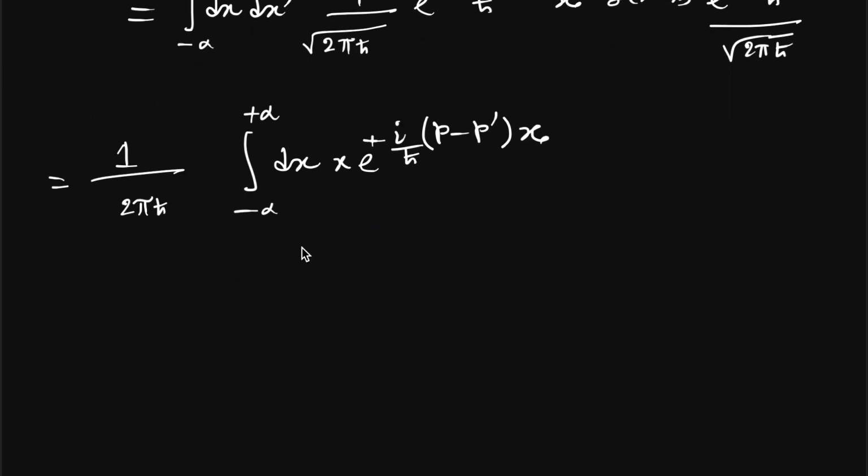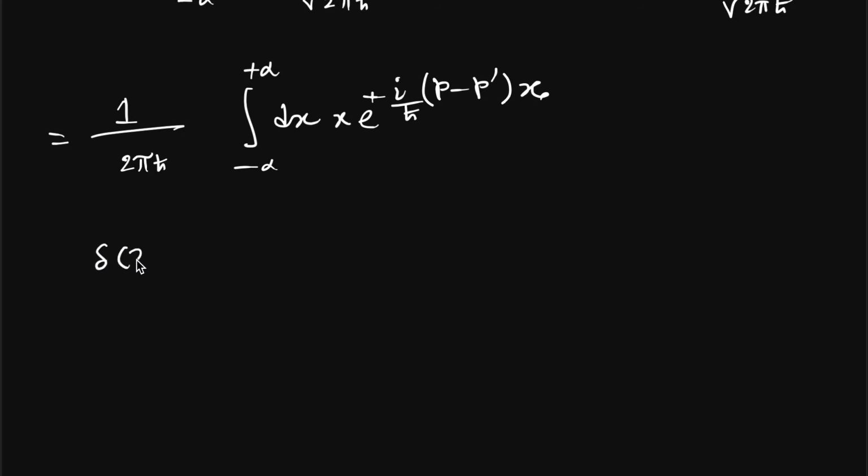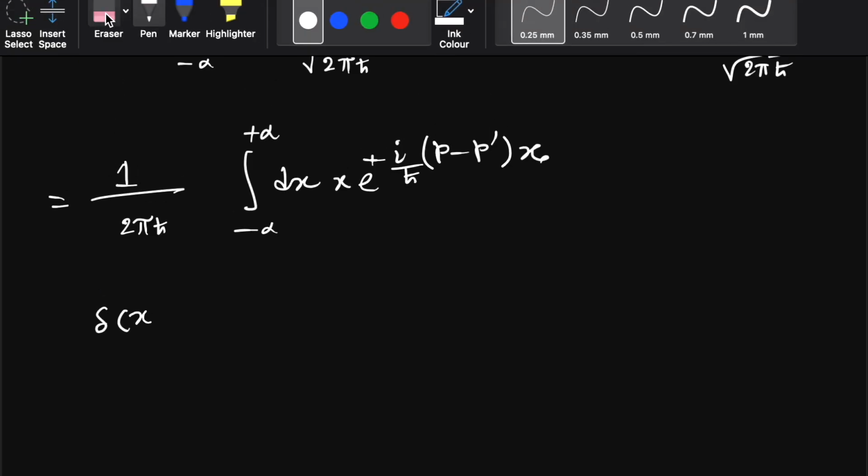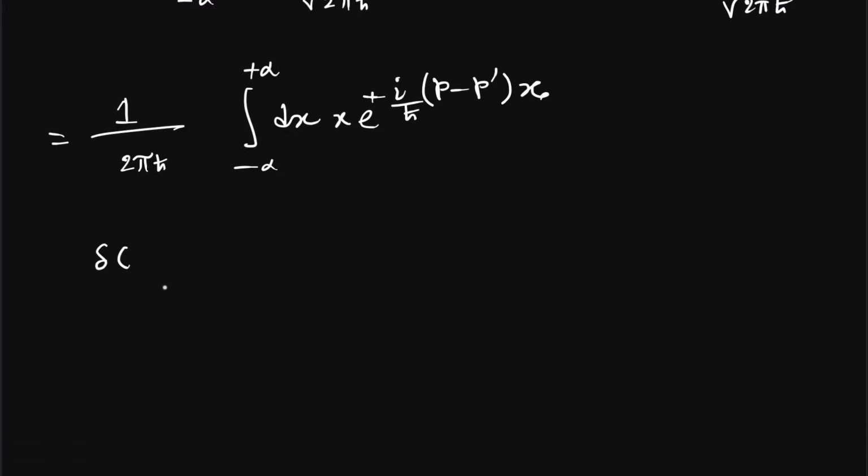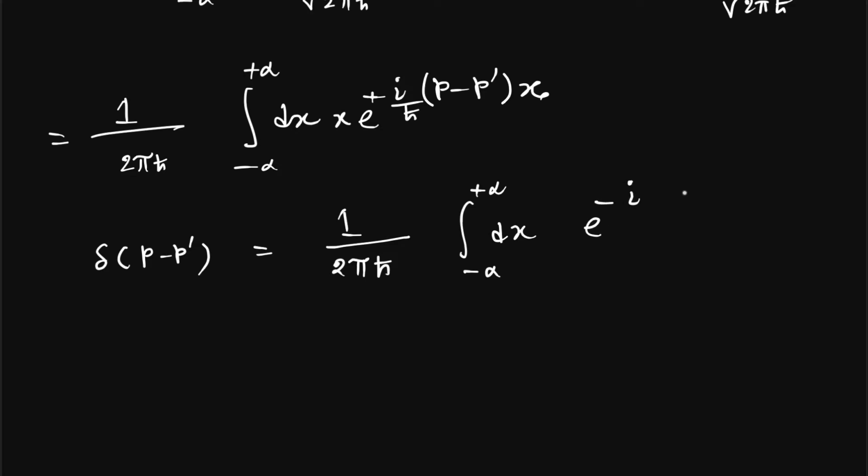So we know the form of delta p minus p prime. We know that delta p minus p prime is 1 by 2 pi h cut, the integral from minus infinity to plus infinity dx e to the power minus i p minus p prime x by h cut.